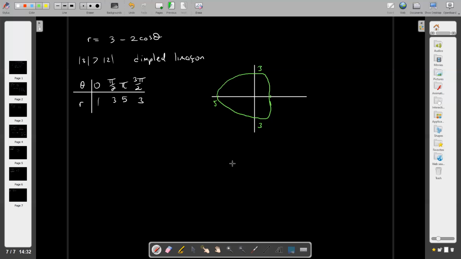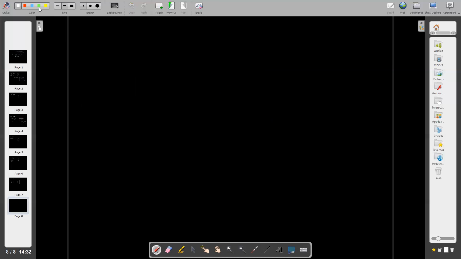Let's do another one. Let's do r equals 2 plus sine theta. Again, mod of 2 is greater than mod of 1, so it's a dimpled limacon.